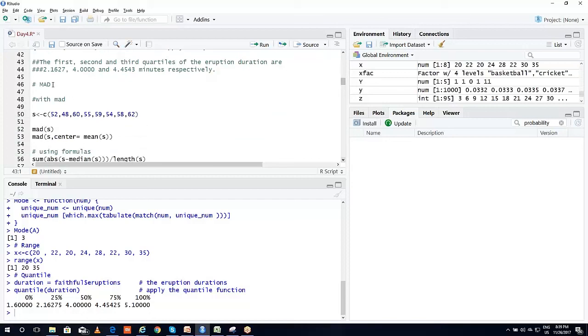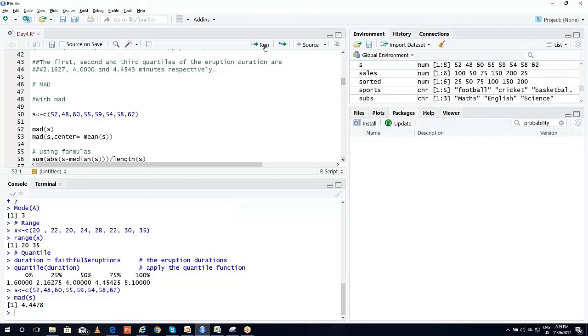Mean absolute deviation. There is a function called MAD, mean absolute deviation, but by default it captures median absolute deviation. How does it work? MAD, we have seen that, right? The illustration in the Excel sheet, the same example we have got here.